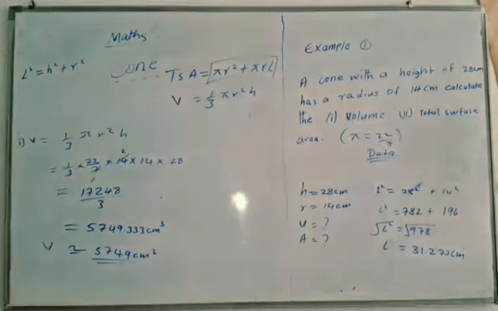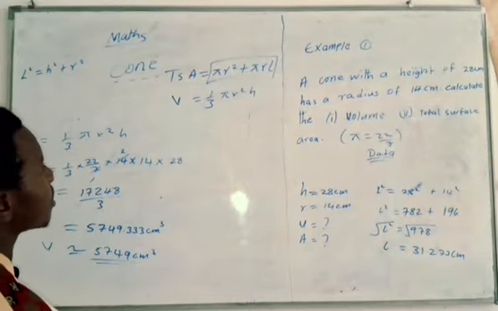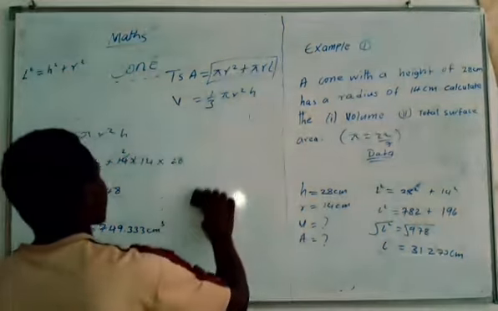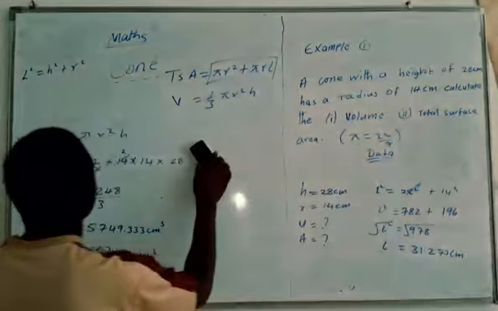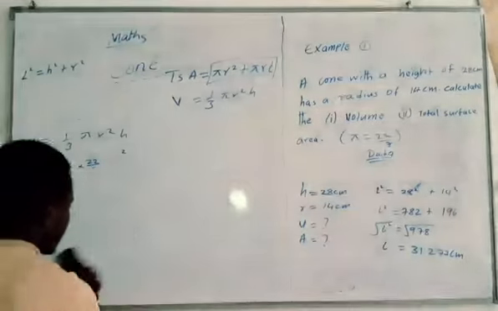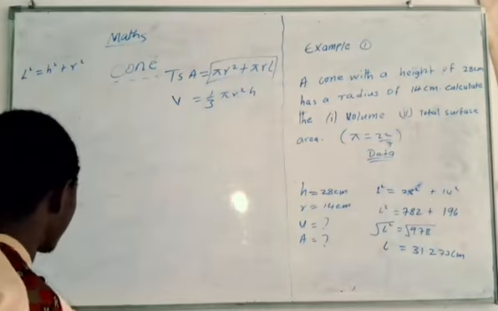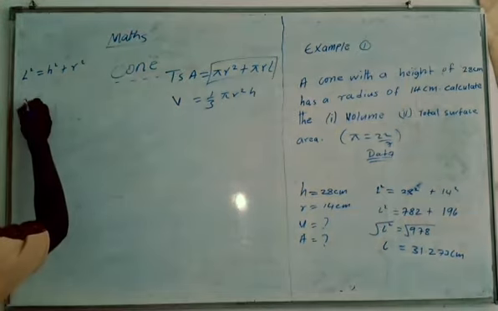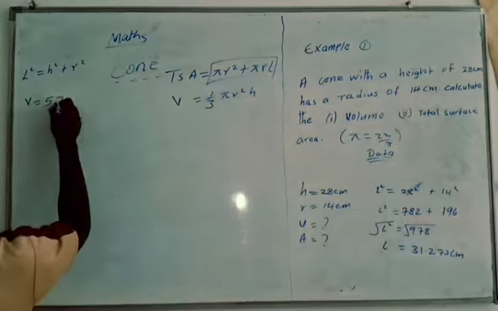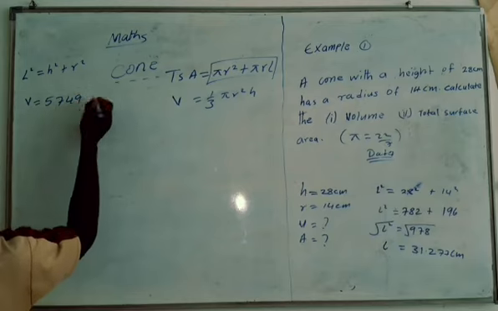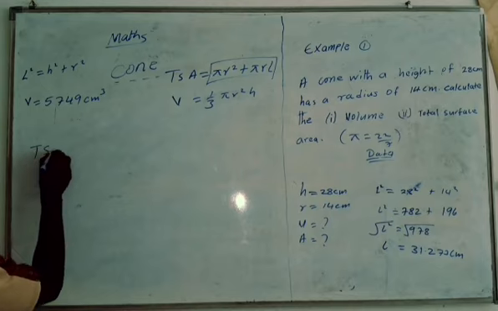Now to find the total surface area, let's clean here so we can have space. Let's write the answer here. Volume is 5,749 approximately, in centimeter cube. So let's go for the total surface area.